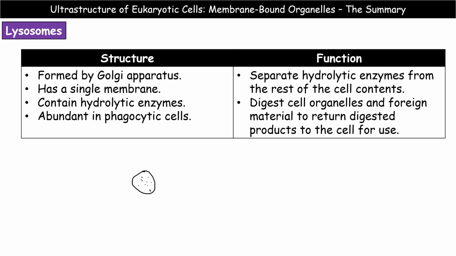It wouldn't be very useful if those hydrolytic enzymes were just free floating within the whole cell. In that scenario, any time they happen to come into contact with an organelle, they would digest it. So it wouldn't go too well for our cells to just be randomly having organelles digested willy-nilly. So instead, it separates those hydrolytic enzymes from the rest of the cell contents, so we will only digest the things we want to.